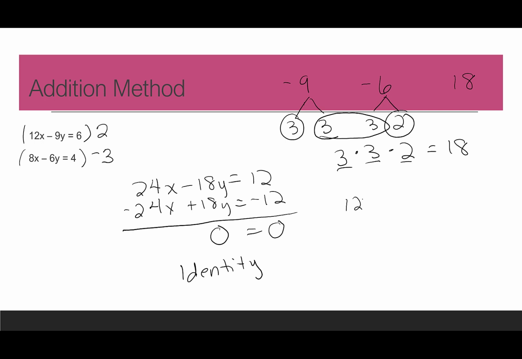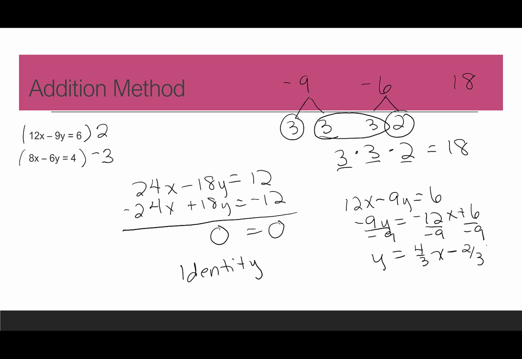So what I'm going to do is say 12x minus 9y is 6, and I'm going to write this in slope-intercept form. So negative 9y is negative 12x plus 6, divide by negative 9. So y, negative over negative is positive. 12 over 9 I can write as 4/3 of x. 6 over negative 9 makes it negative.